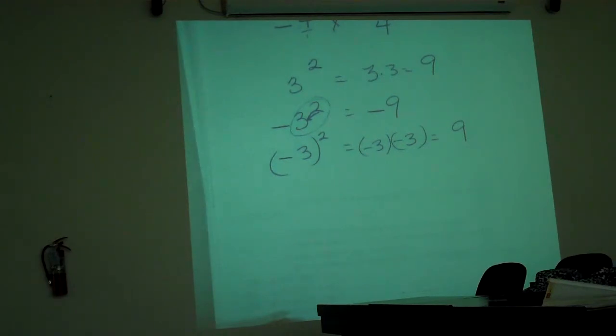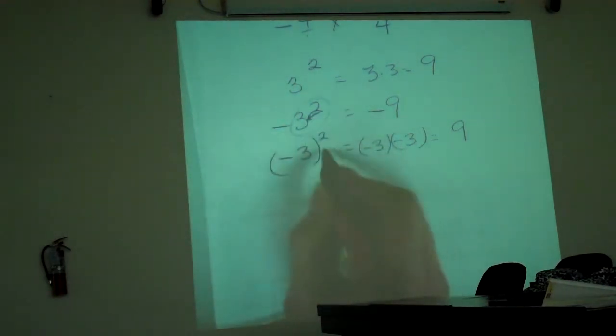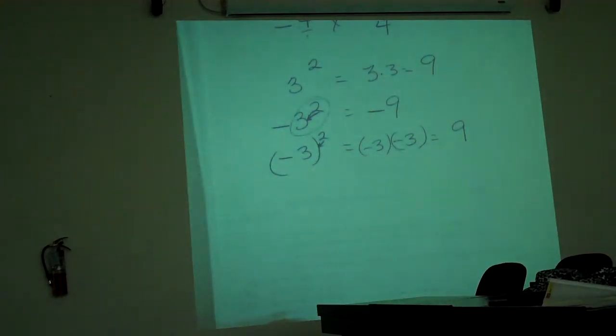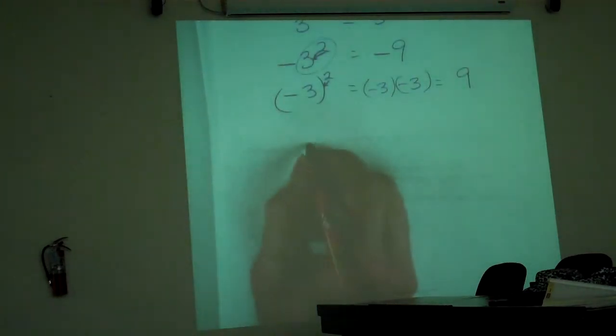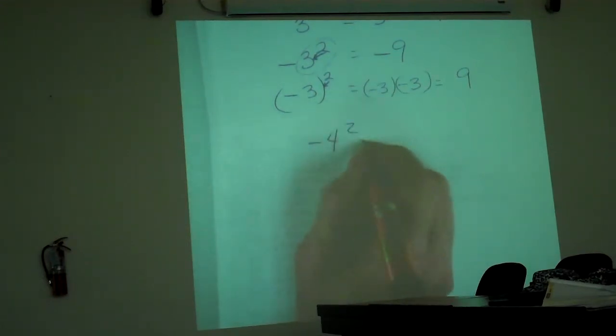Okay? So if you have an exponent, it only goes to what's right straight in front of it. This one goes to the parentheses. So everything in the parentheses is going to be squared. Okay, so let's do some order of operations. Negative 4 squared plus 6.